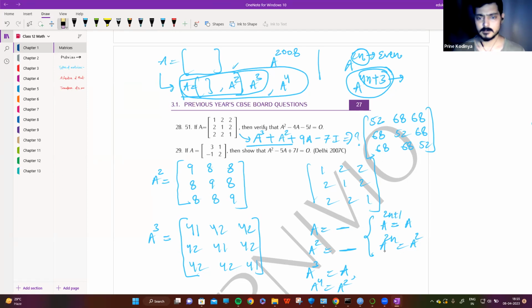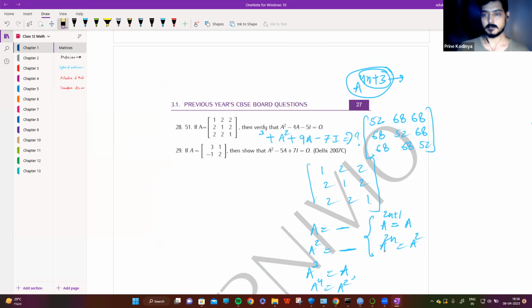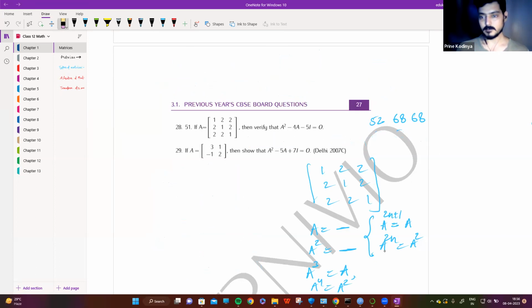Also, can I remove this? If somebody is writing, just raise your hand. Cool. So if you're good with multiplication, then we are pretty much comfortable with all of the other operations of matrices, because every operation is related to multiplication.